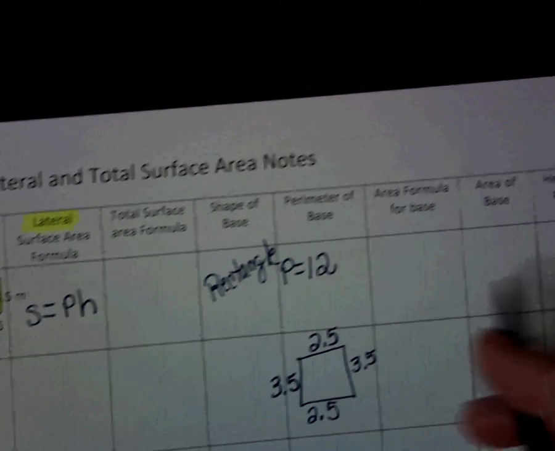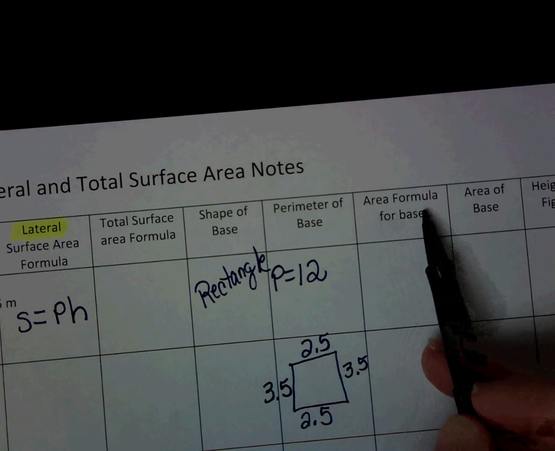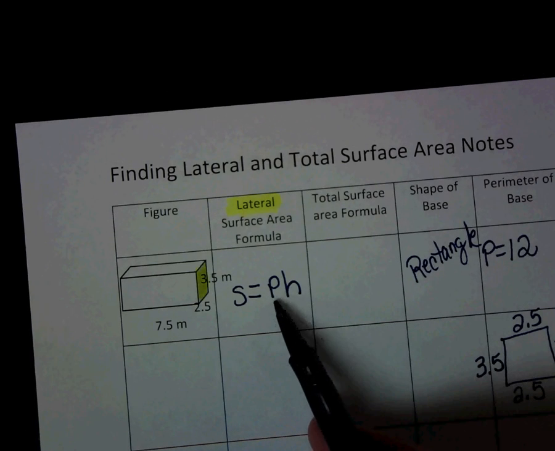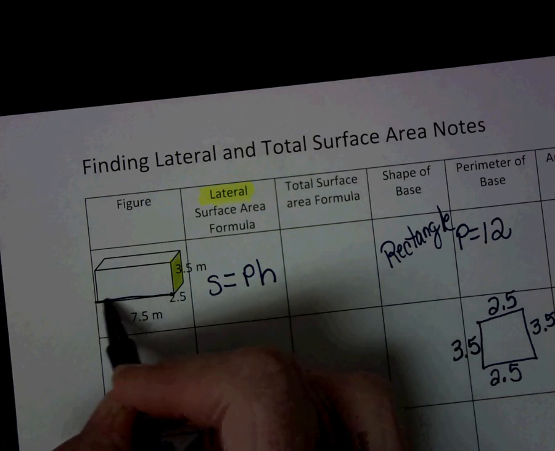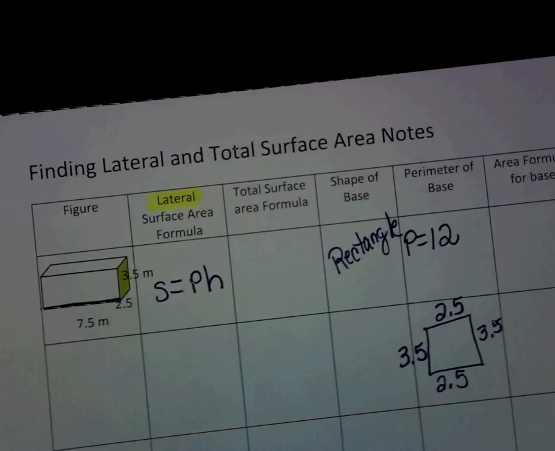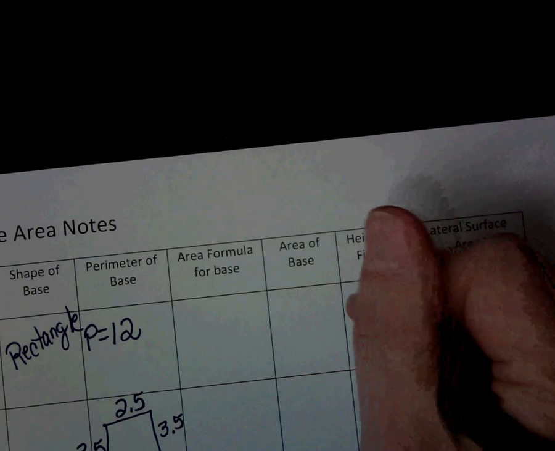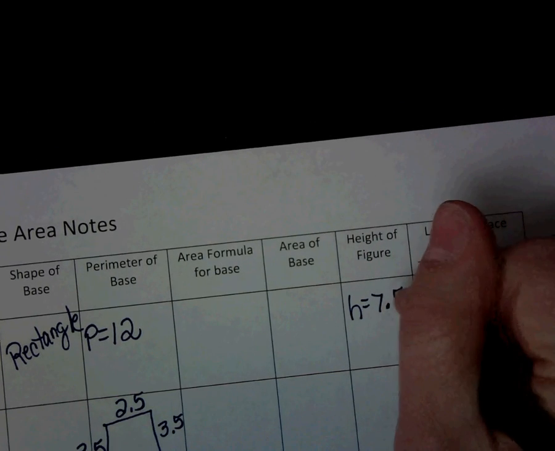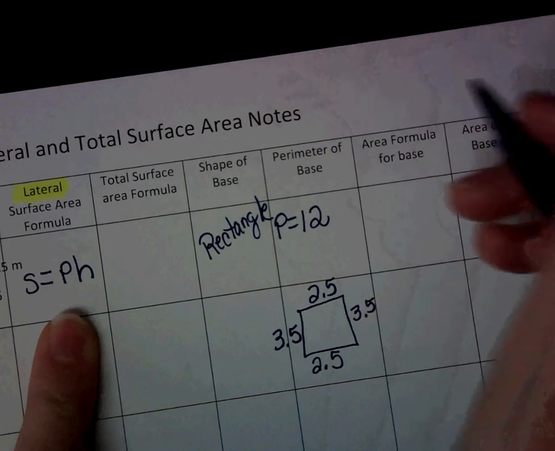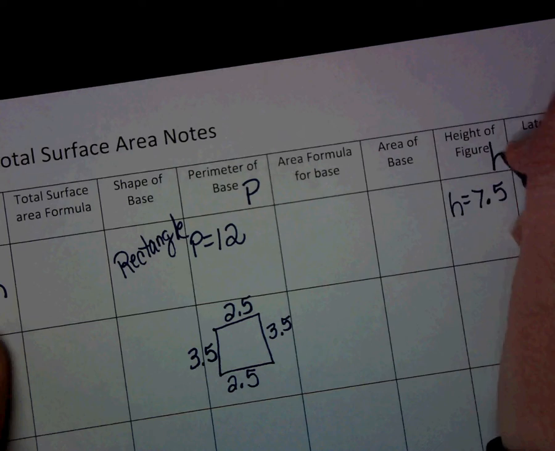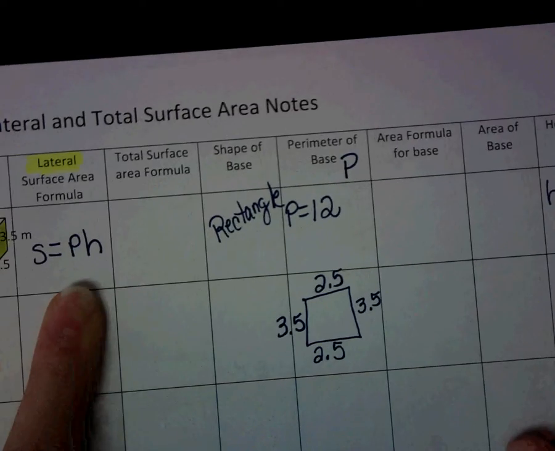Now for lateral surface area, we don't have to know the area formula. We just have perimeter of the base times the height. So let's go to the height of the figure. Remember, our height has to be from base to base. So we're going to call 7.5 our height. That's all we need to know, our P and our H, to find the lateral surface area.